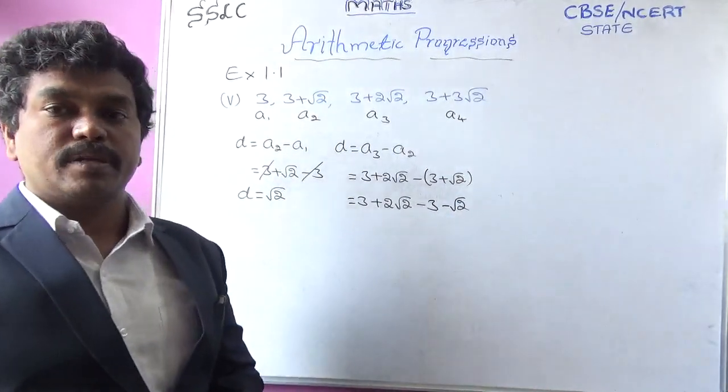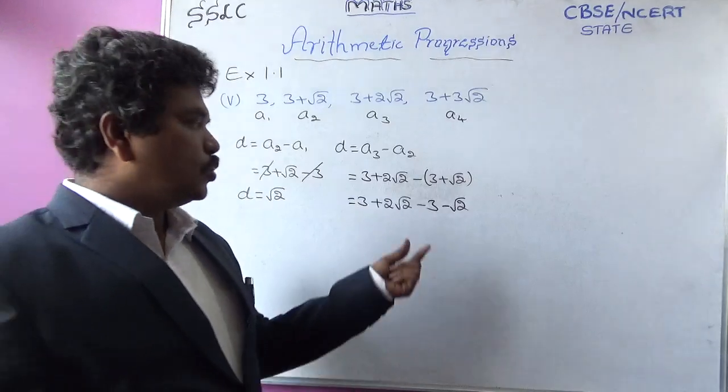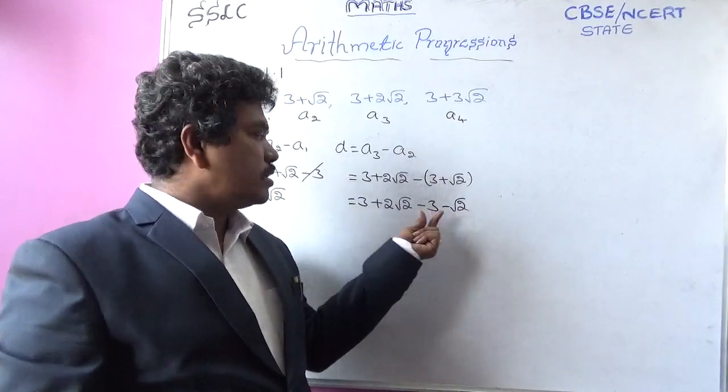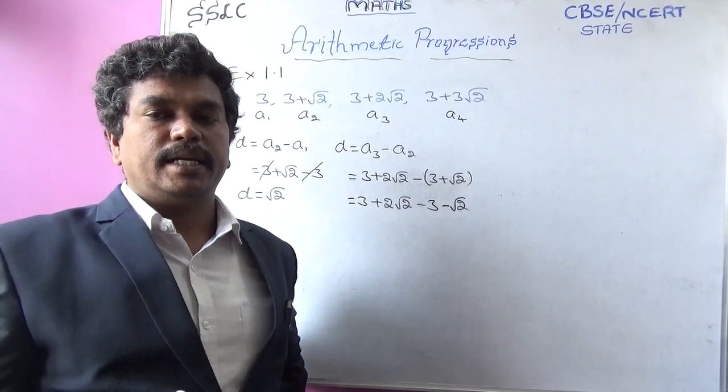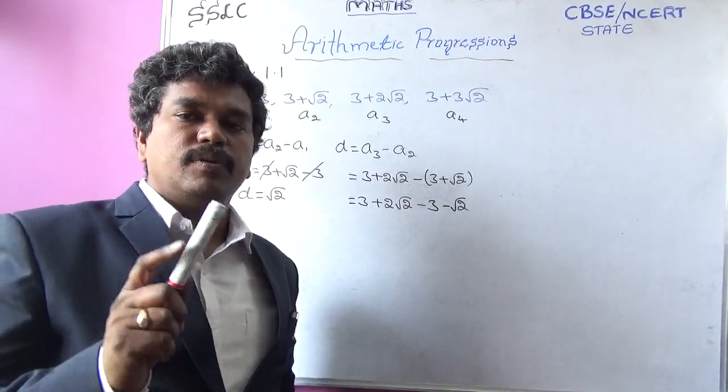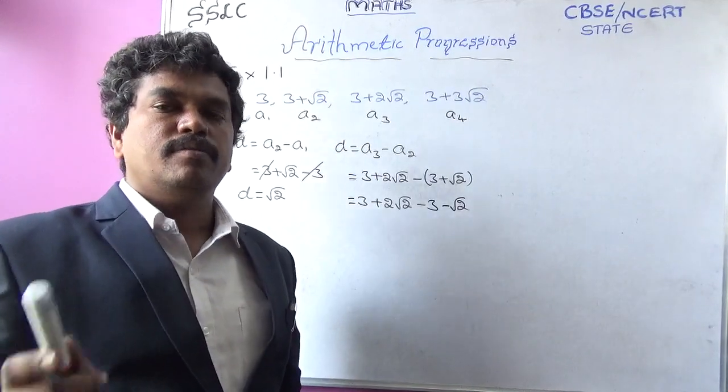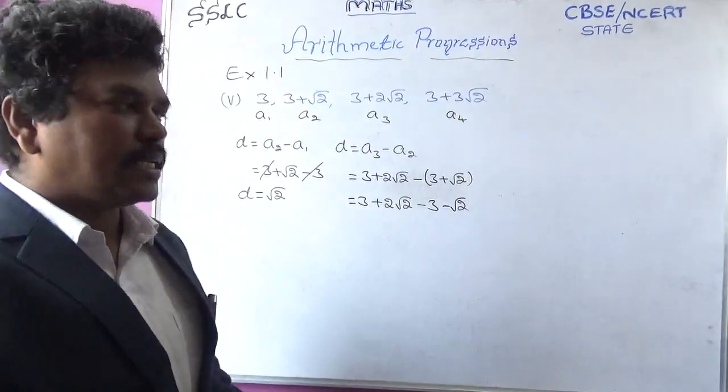There are two types of numbers here: two irrational numbers and two rational numbers. For calculating addition or subtraction, we have to consider the rational numbers together and the irrational numbers together.